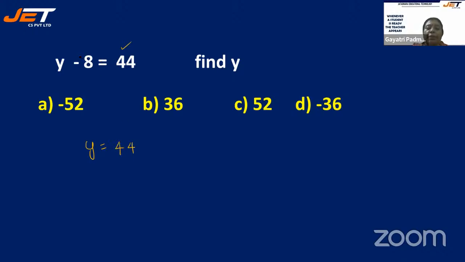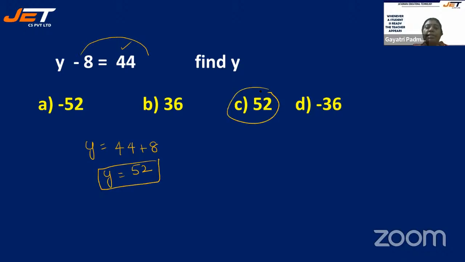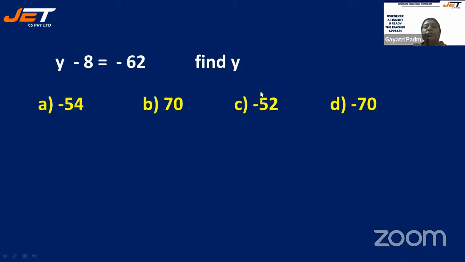And when the term before the equal sign goes to the other side, the sign changes. So it becomes addition. So y is equal to plus 52. So option C is the correct one. I'm sure you would have got the same. Yes. See the next question.